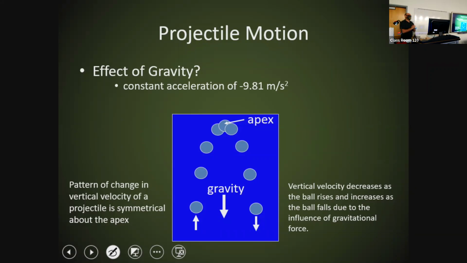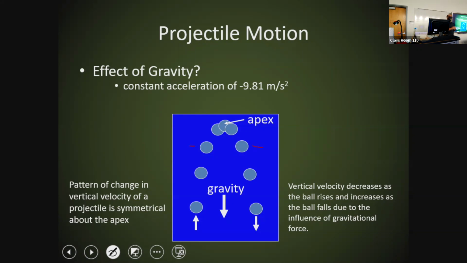At any point that you look at it, it doesn't matter, as long as it's consistent and equal on either side of the apex. The change in the vertical velocity is going to be symmetrical, of how quickly it is slowing down or how quickly it is speeding up, depending upon which side it is now on. Now, the acceleration is probably going to be in maybe the opposite direction.